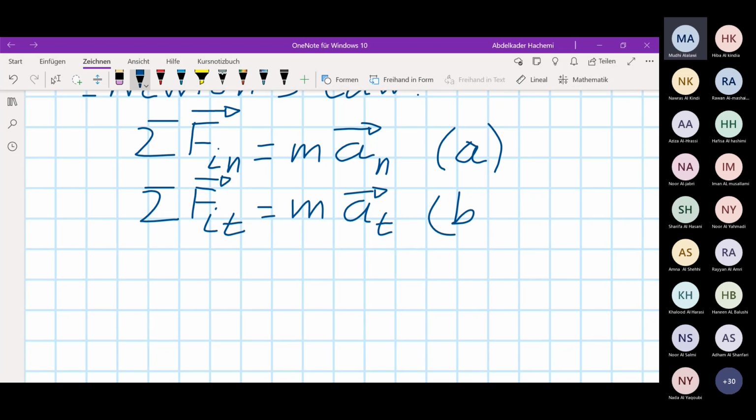If I take A, what we have is S plus m g, the weight of the mass, multiplied by cosine phi.